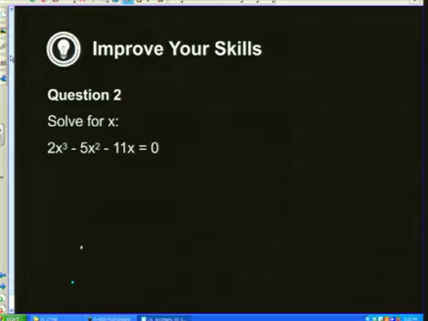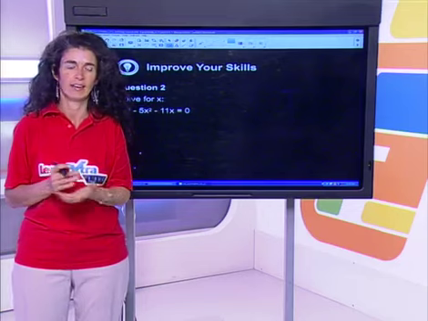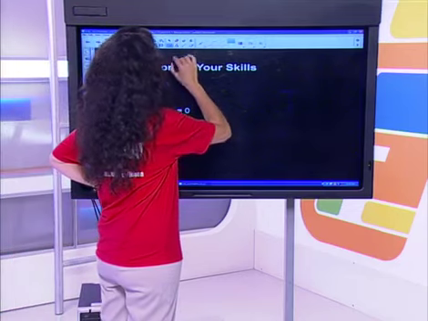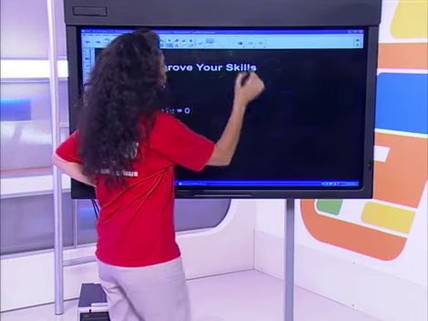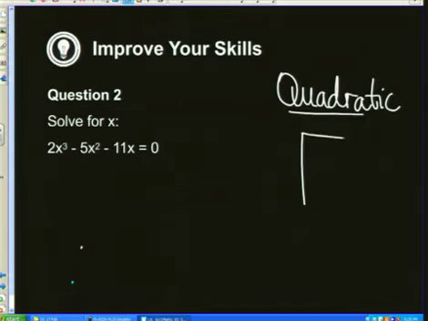All right, now if you look at this equation, 2x cubed minus 5x squared minus 11x equals 0, that's a very interesting question because I've been talking to you about quadratic. And the word quadratic in English may mean nothing to you because this word comes from the Latin root quadra, and the quadra is actually a square.